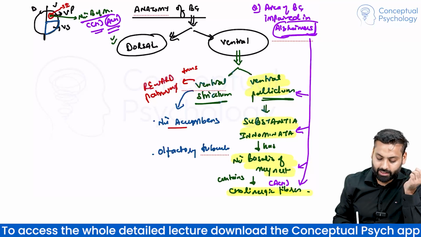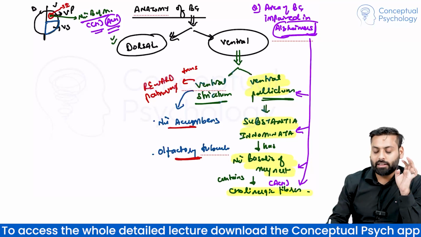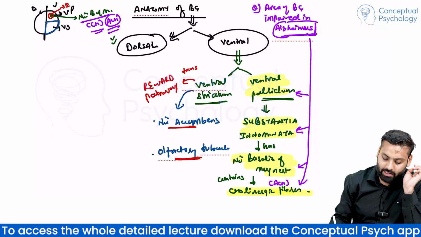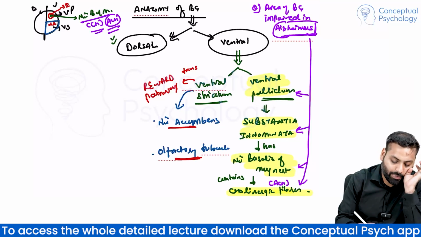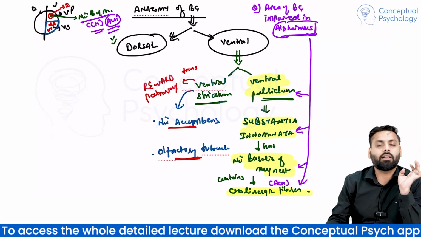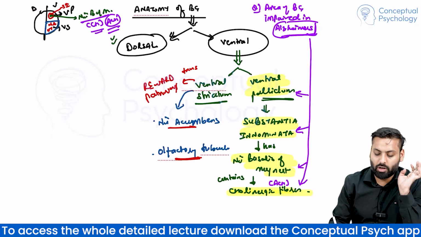So for the nucleus accumbens and olfactory tubercle, the main function is the reward pathway: pleasure, motivation, etc. Fine. So in the ventral striatum we have nucleus accumbens and olfactory tubercle. This you have remembered.